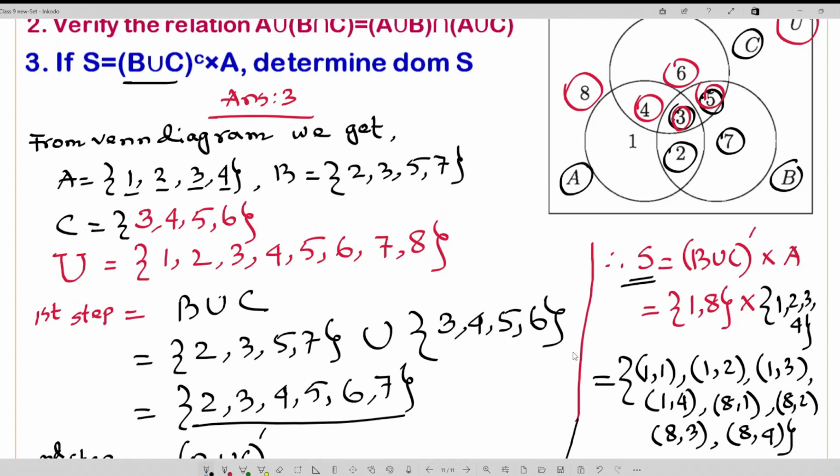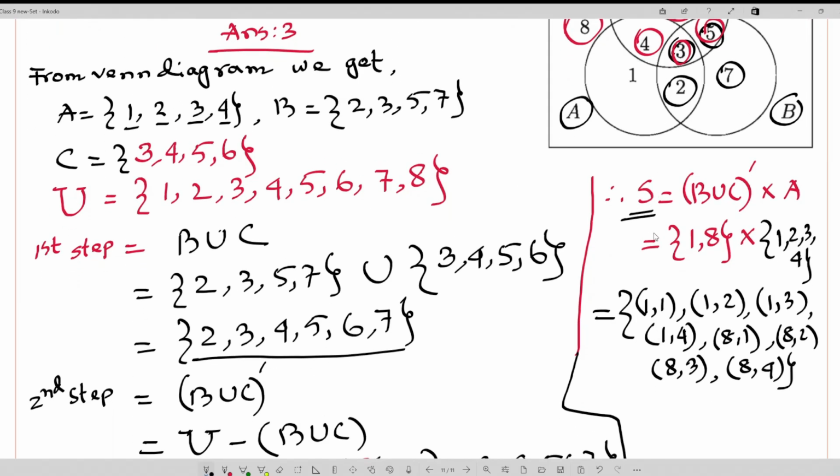Now look, we already found the elements of S, but we have to determine dom S. Dom means, look, in S we have pairs like X and Y. So X is dom S. So we can write like this.